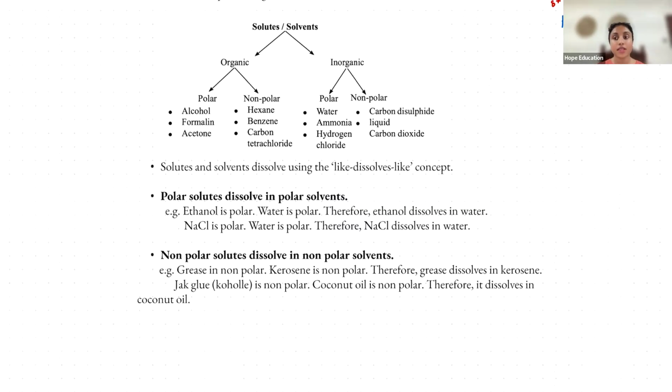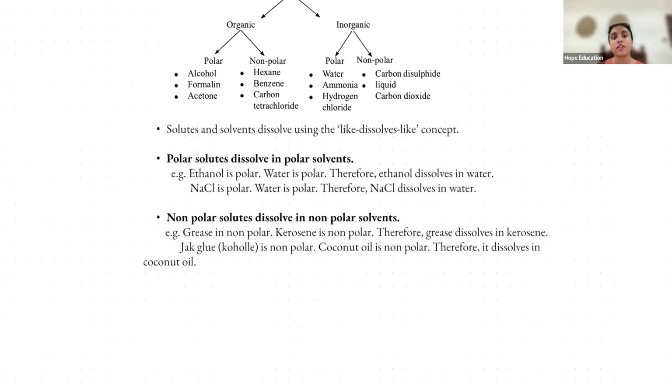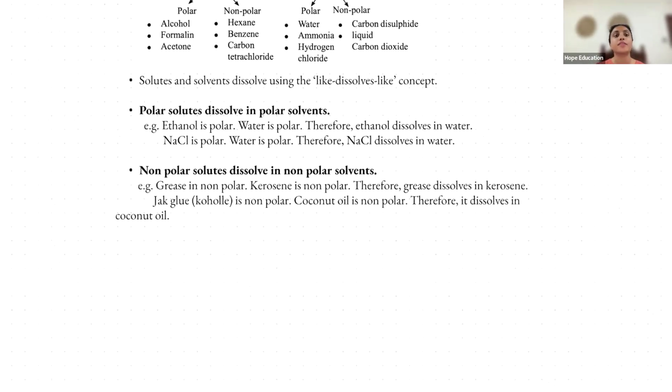Okay. Put a subtopic, solubility of a gas. Now, all this time we were mostly talking about solids and liquids, but we did not talk yet about gases.